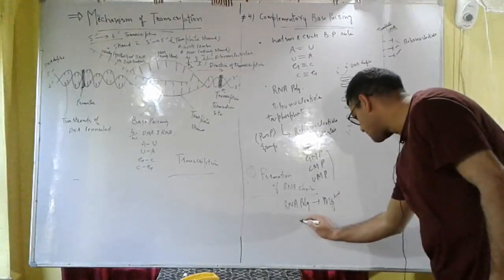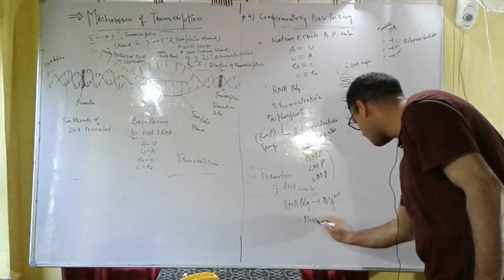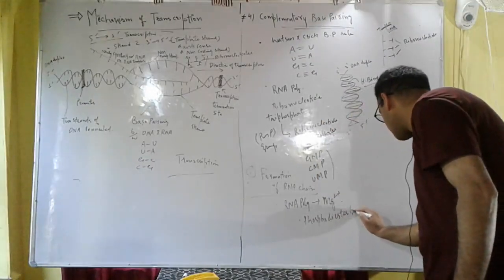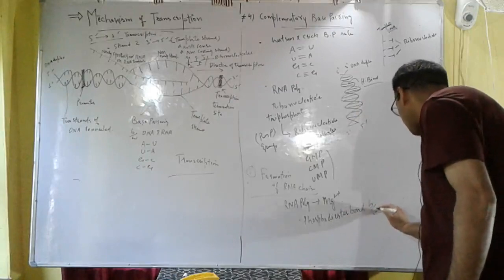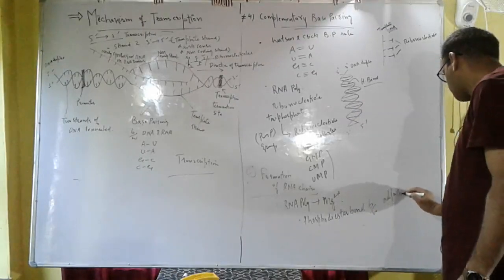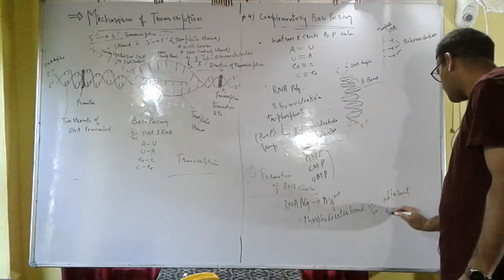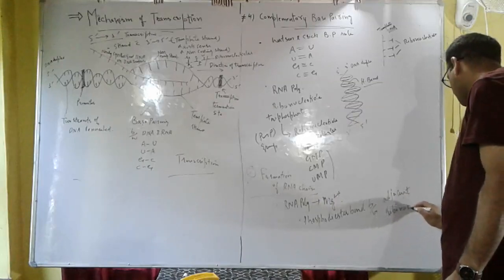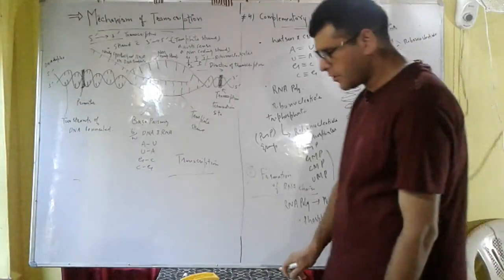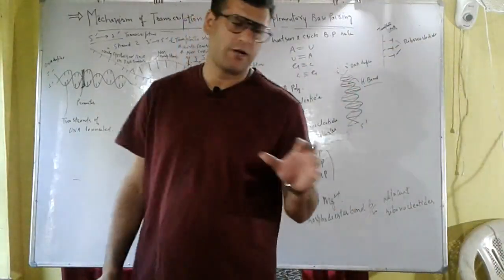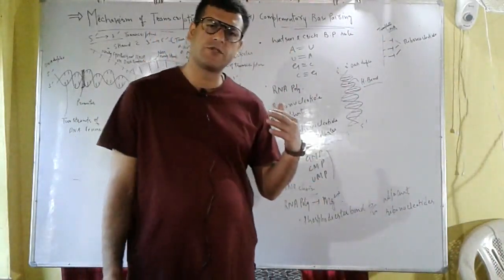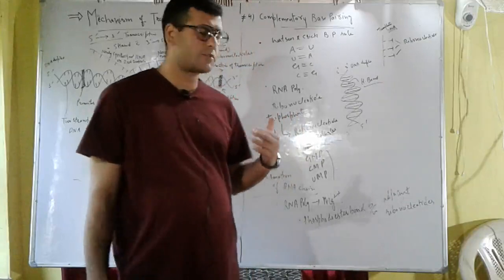This RNA polymerase forms a phosphodiester bond between adjacent ribonucleotides, so that this RNA chain becomes continuous.